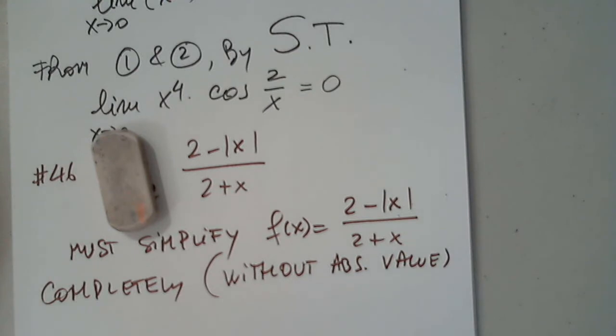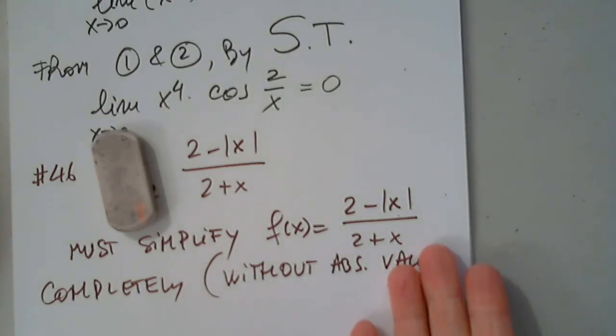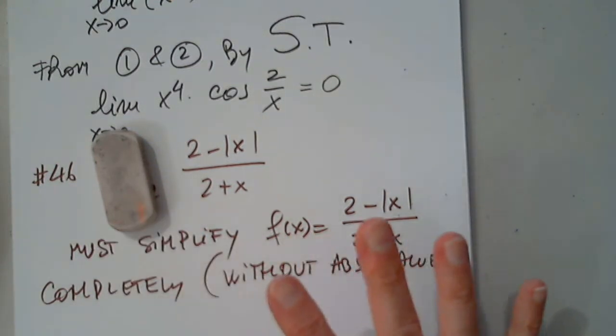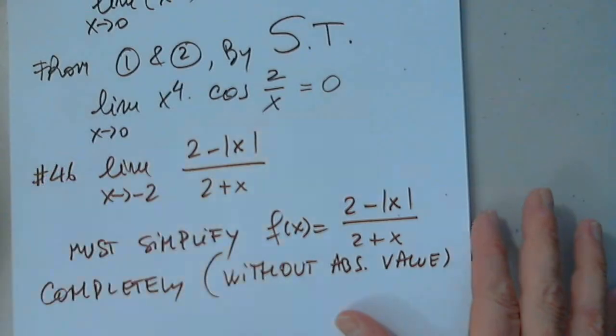So no matter what the limit says, I cannot plug in anything, I cannot do anything before I fully simplify the function without the absolute value. And this is more difficult than calculating the limit. But this is crucial and it's a very important step.